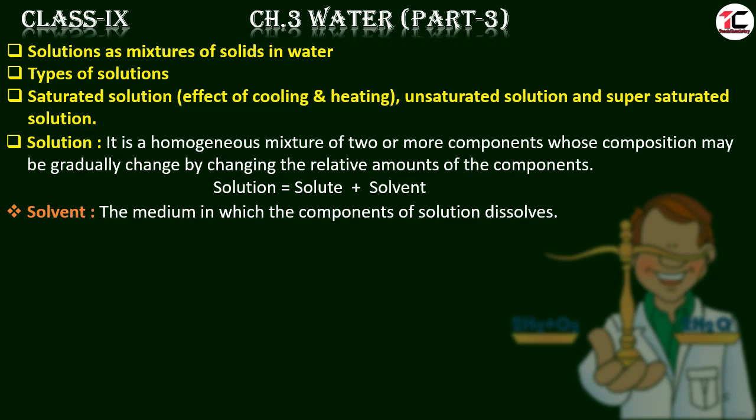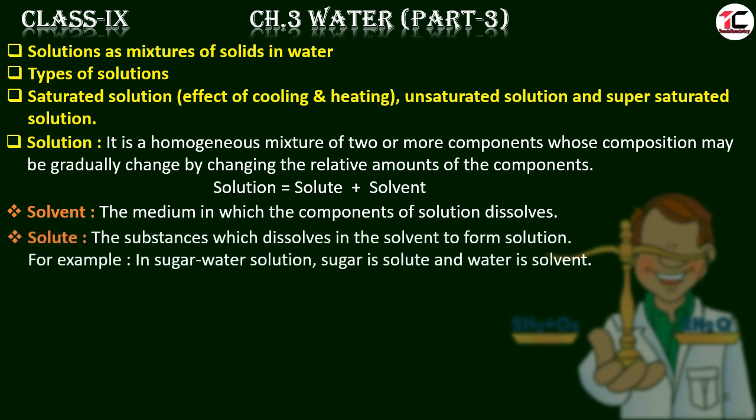What is solvent? The medium in which the components of solution dissolve is called the solvent. It is in greater amount. Solute, the substances which dissolve in the solvent to form solution, is solute. For example, if we make sugar water solution, sugar is the solute and water is the solvent.